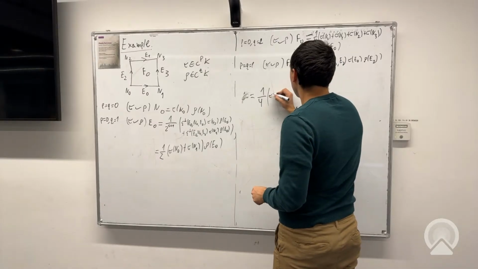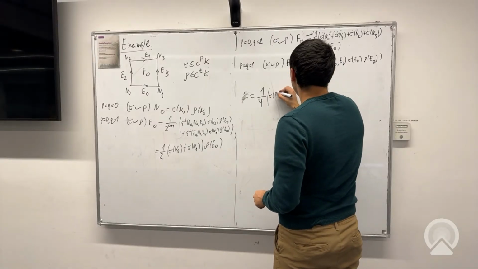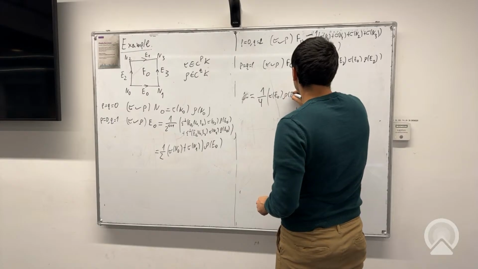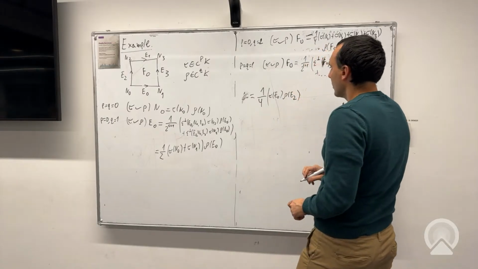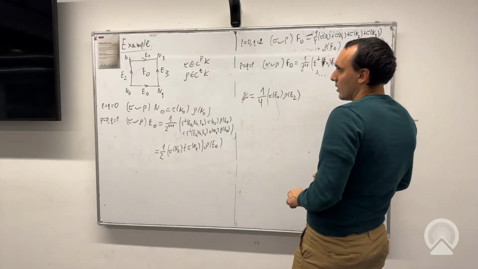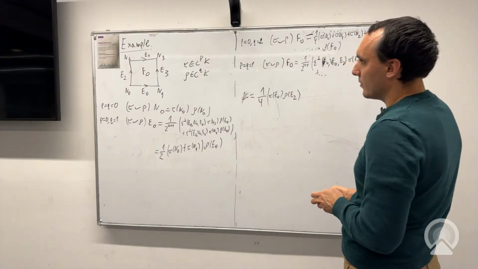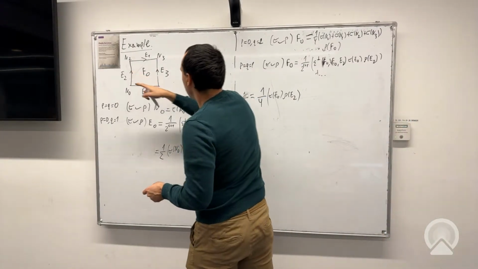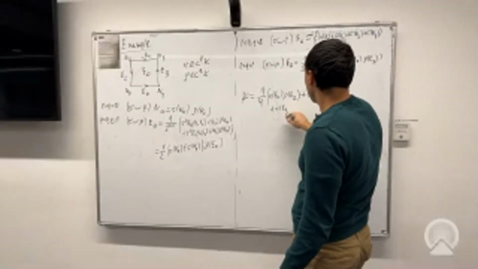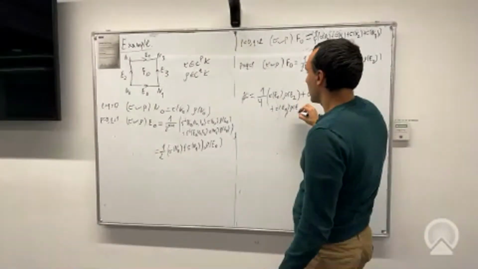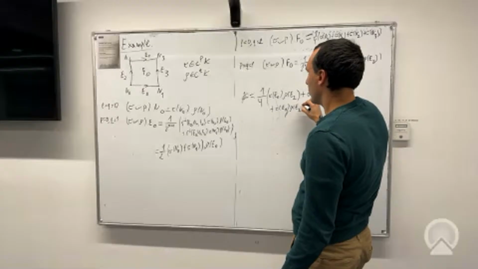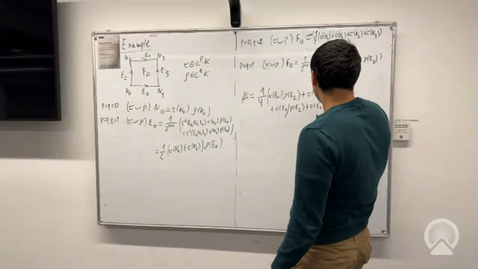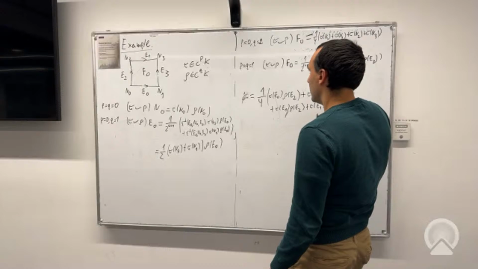So this will be sigma E0 rho E2. But we will have the opposite, so it will be with the opposite sign. We'll have this with this. E1 rho E2 plus E1 rho E3.